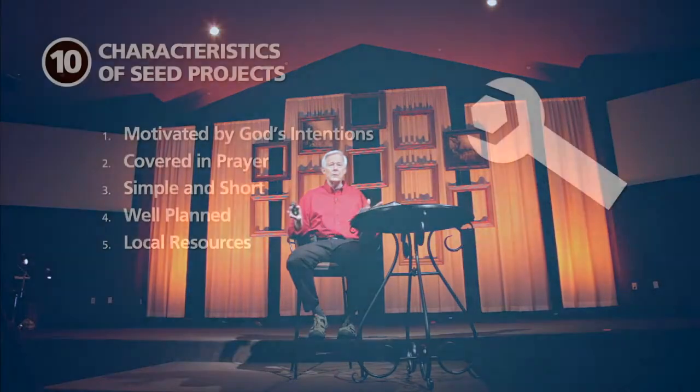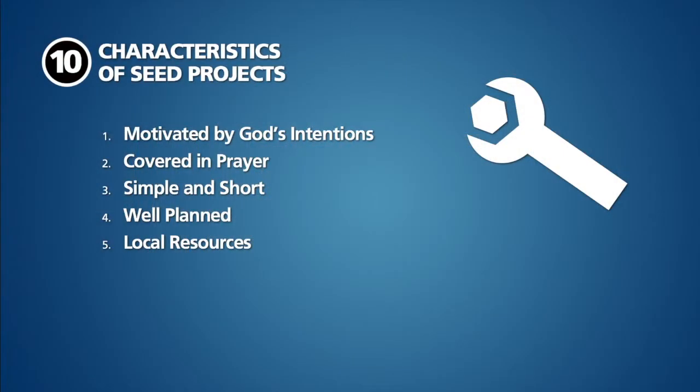The fifth characteristic is that it's done with local resources. Now, local resources aren't just the resources that come from the pockets of the people in the church. If it comes from the community, that can be a resource. I can remember in the Dominican Republic, one of the churches that we worked with, they built a bridge over a small stream, and they didn't have the money to do that.